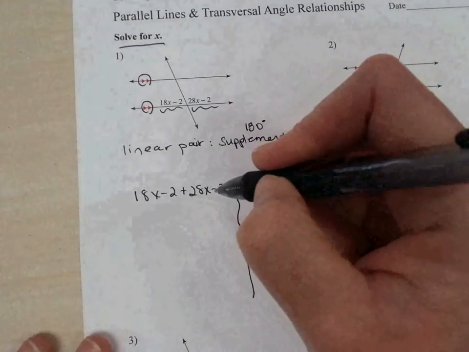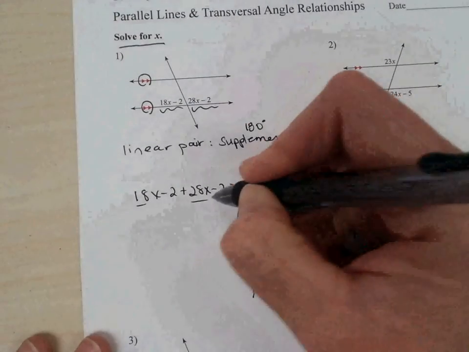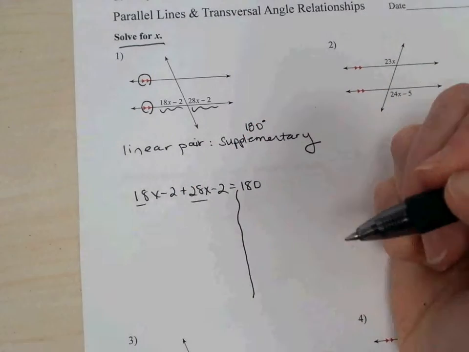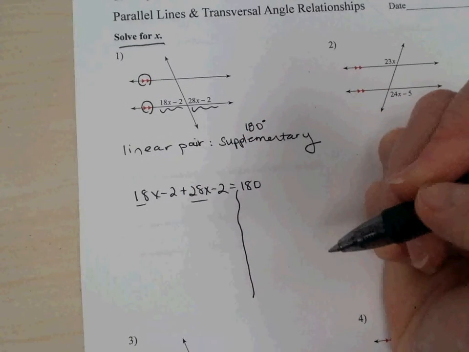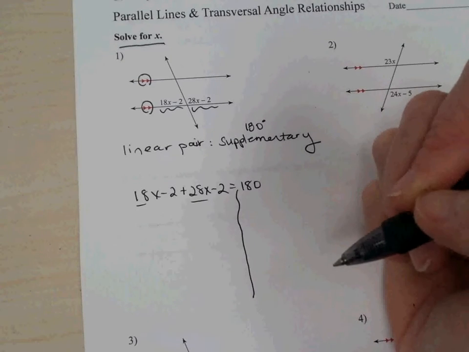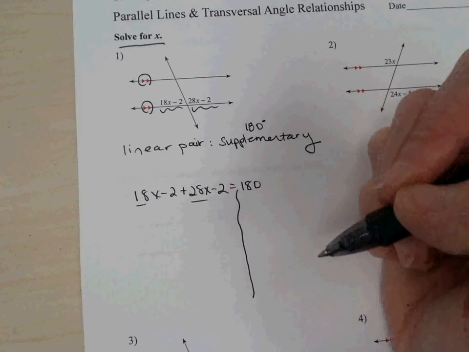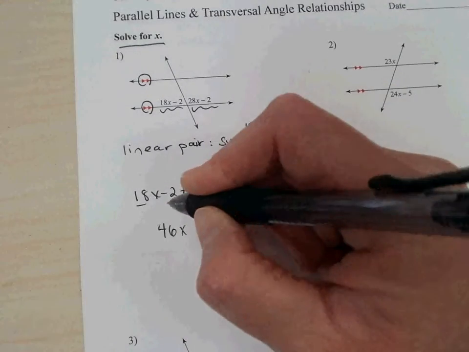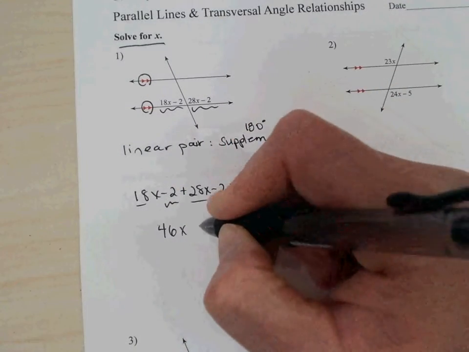So we start by simplifying 18x and 28x. Audience participation time. What's 18 and 28? What is it? Yes, good. So 46x, and then we have the minus 2 and the minus 2, so it'll be a minus 4.